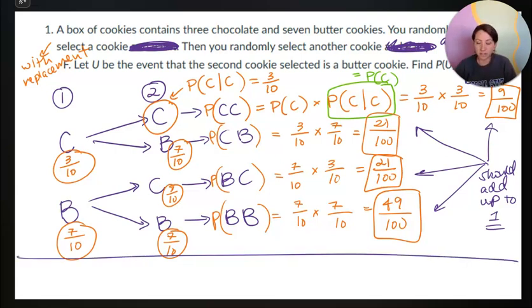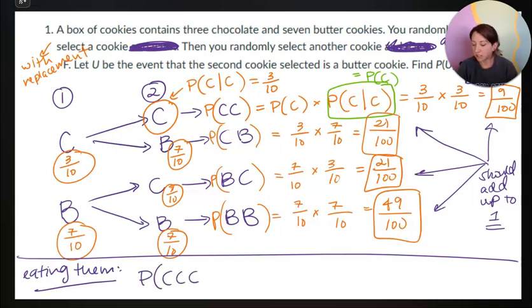Okay, the very, very last thing I'm going to mention is, what if I said, now let's go back to eating the cookie. So assume we eat the cookies. What if we ate 3 cookies instead of 2? I'm hungry. I want 3 cookies. What's the probability I got chocolate, chocolate, chocolate?